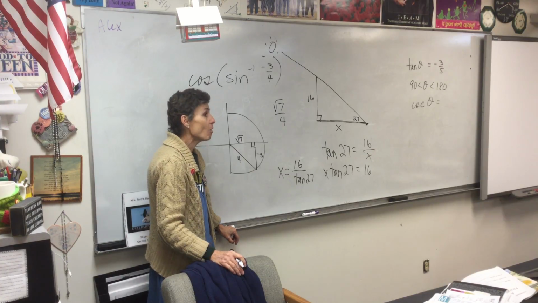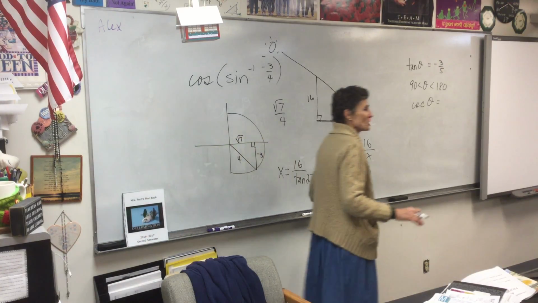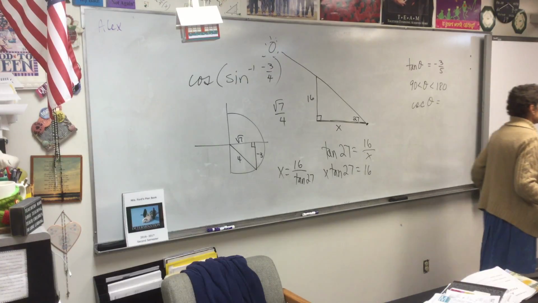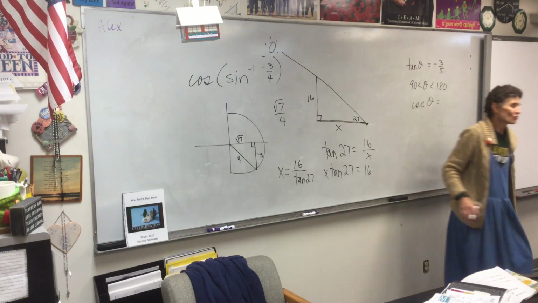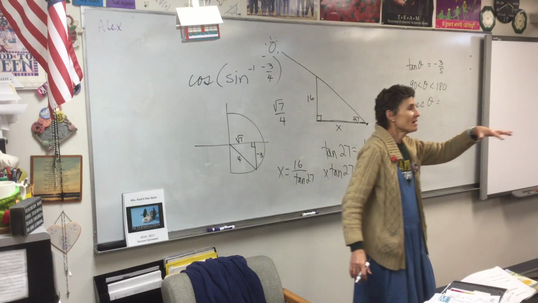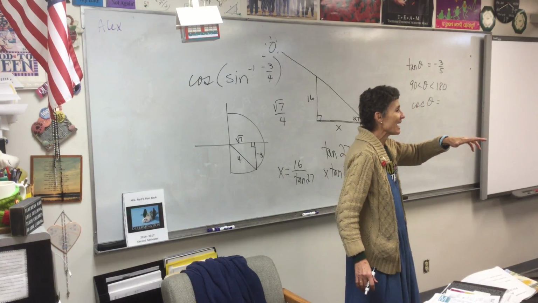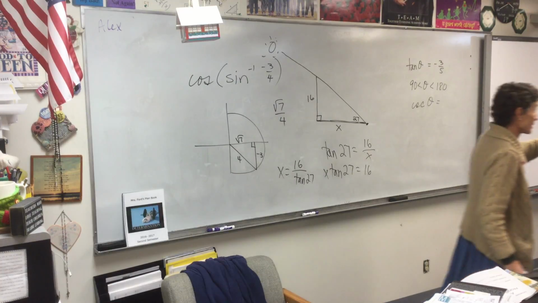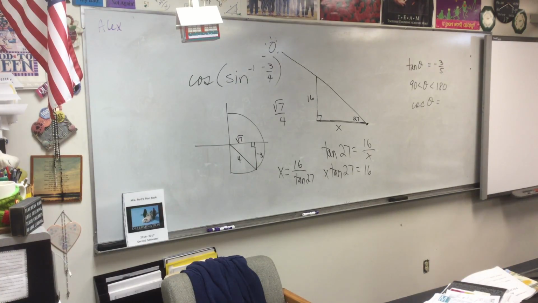Oh, you better, what did we forget to check? Make sure you're in degrees. Now, this time it was easy to catch because if you were in radians, your answer came out negative, and you're thinking, whoa, that can't be. Well, sometimes you don't catch it that easily. So we've got to get in the habit, and I'm as guilty as you are, of checking that mode.